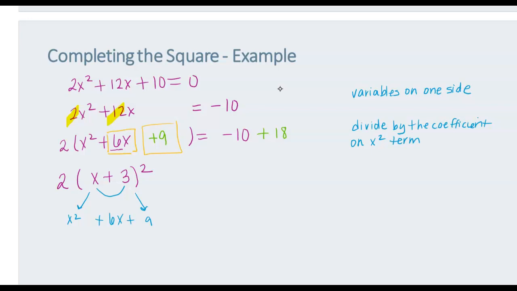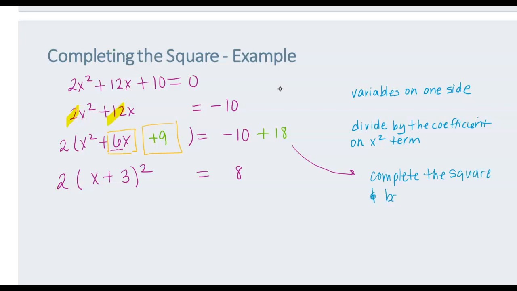So I'm just verifying that how I'm breaking this down is in fact what I had above. On the right-hand side, what do we have? We've got a plus 8. So this step was completing the square, and balancing both sides.